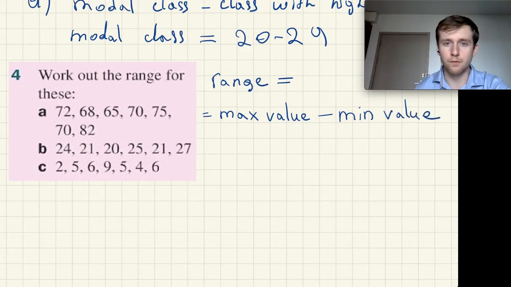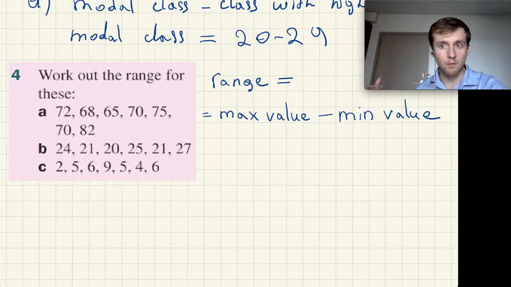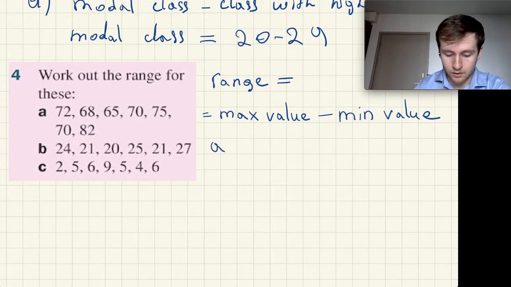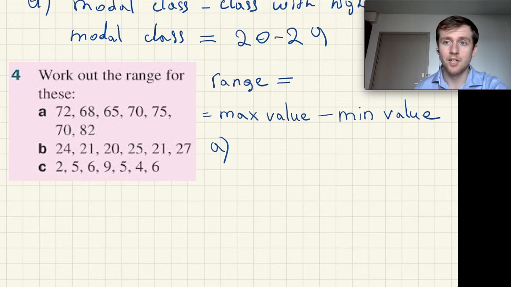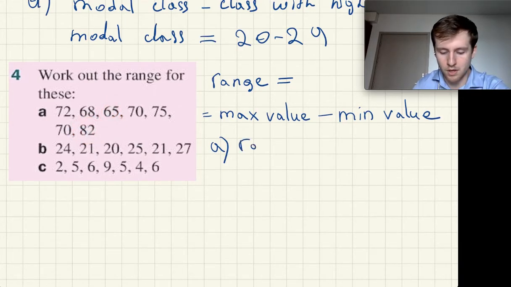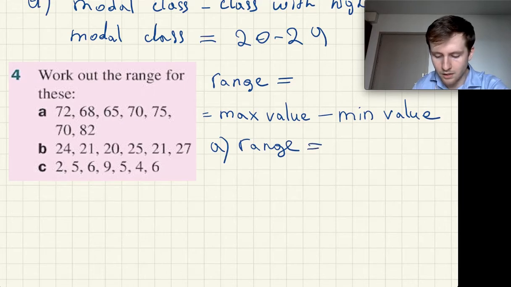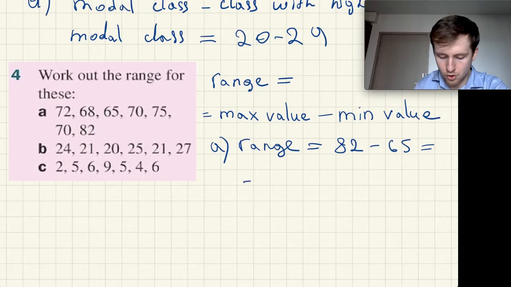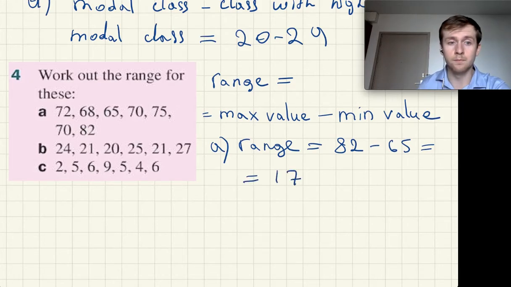So we just have to find the maximum and minimum value and then subtract them. So in A, the maximum value I see is 82 and the minimum one is 65. So the range is going to be 82 minus 65, which is equal to 17.